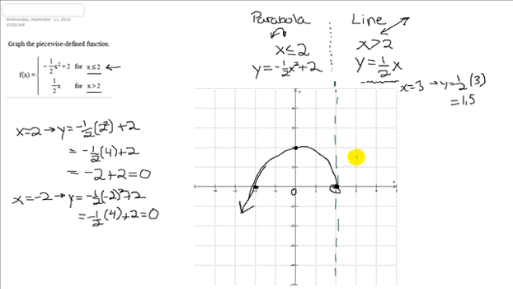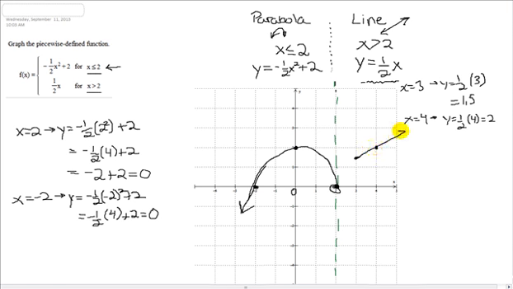Now, if x equals 3, then y equals 1/2 times 3, so 3 over 2, which is 1.5. And so they'll graph this. And they'll have the graph extending from there. So they might also plug in 4. X is 4, y is 1/2 times 4, which is 2. So they'll plot this point, and they'll just draw a line extending from there.